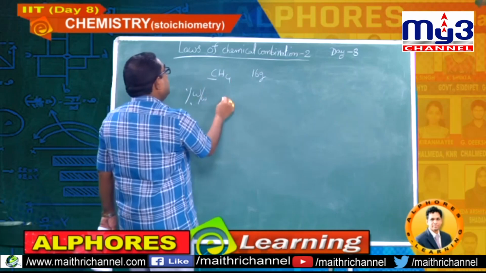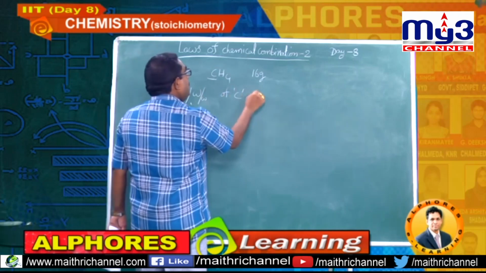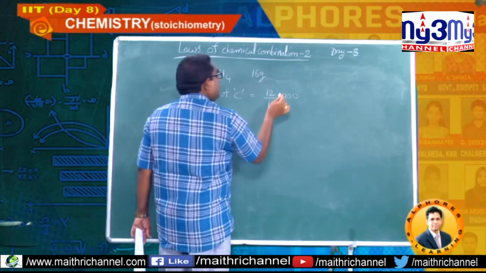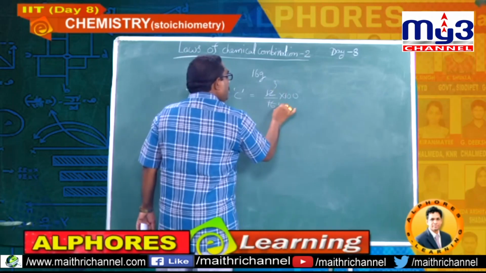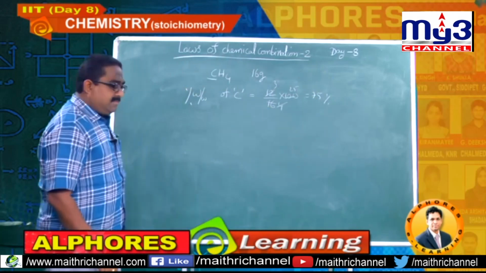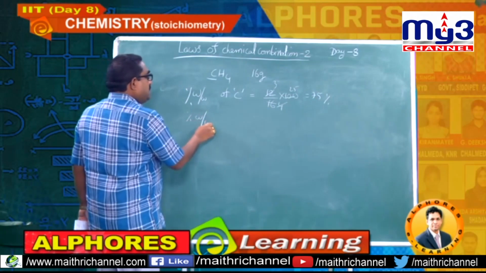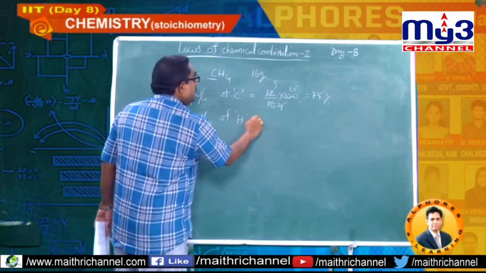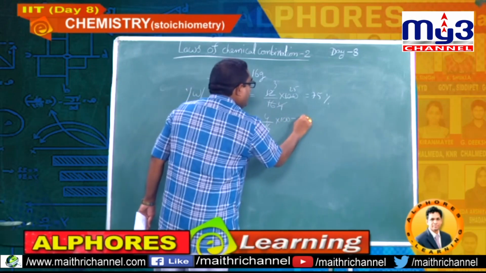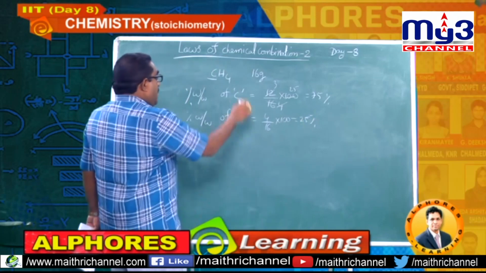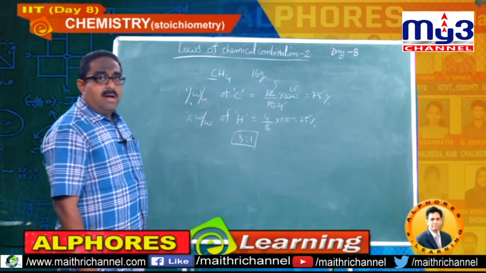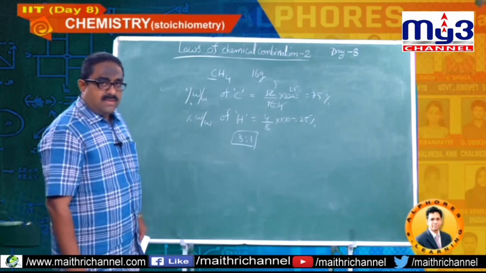Mass percent of carbon is equal to 12 grams of carbon in 16 into 100. That is 75%. Similarly, mass percent of hydrogen, total 4 grams of hydrogen is there out of 16, so that is 25%. And mass ratio 75 is to 25, 3 is to 1, nothing but law of definite proportions.